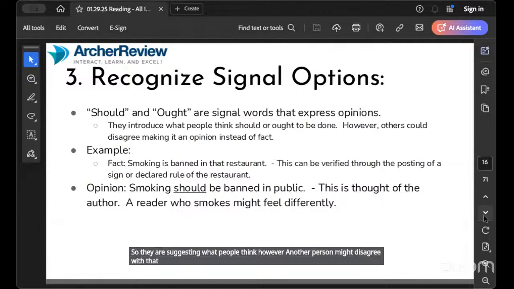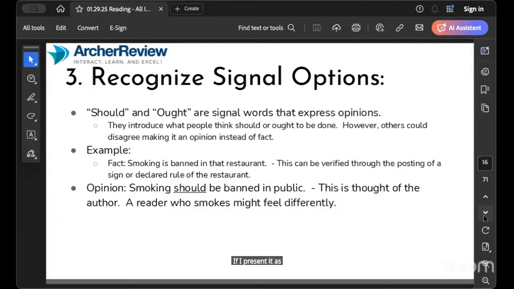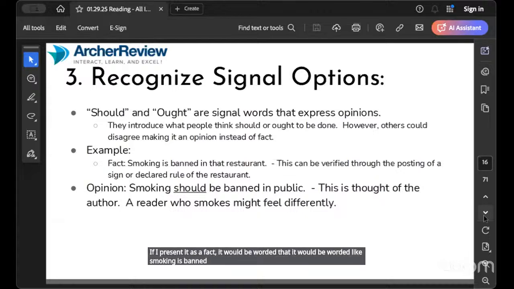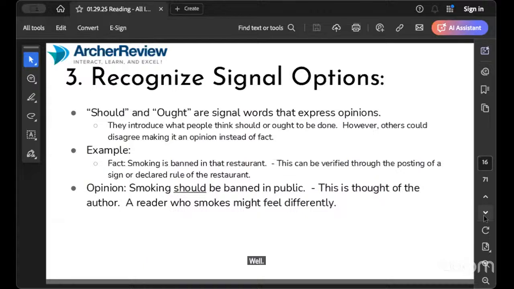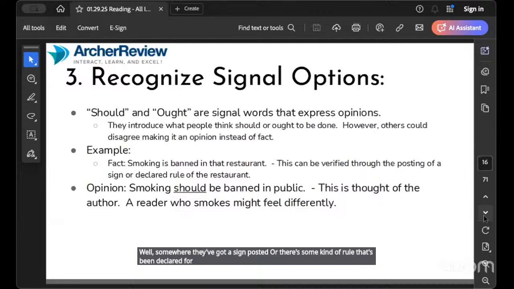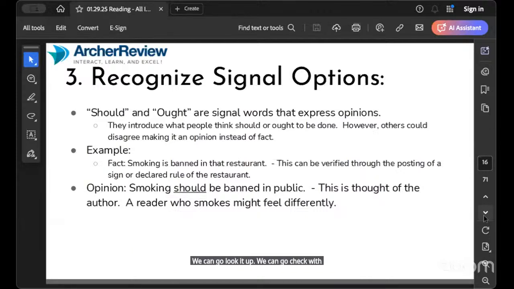So, for example, if I present it as a fact, it would be worded like smoking is banned in that restaurant. Well, somewhere they've got a sign posted, or there's some kind of rule that's been declared for that restaurant that smoking is banned. We can go look it up. We can go check with the manager, whatever.